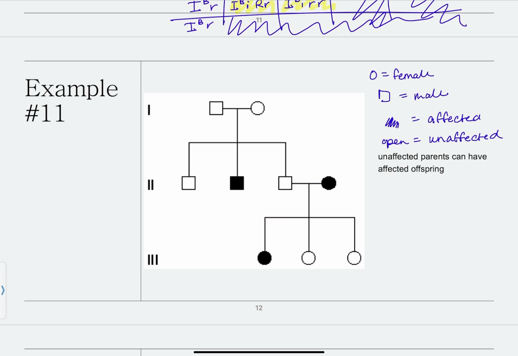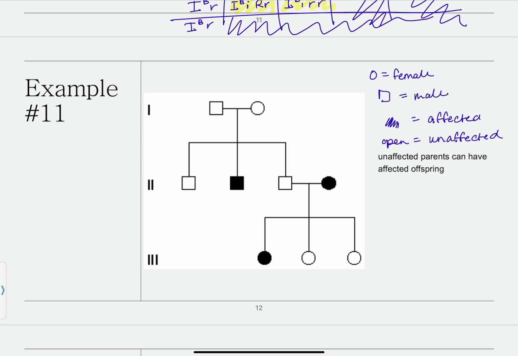For a dominantly inherited trait, because you only need one dominant allele in order to be affected, you will see a higher proportion of the individuals in the pedigree who are shaded in, meaning that they're affected. So looking at this, it's going to be a recessively inherited trait. There's several people in here and I only see 3 affected ones.